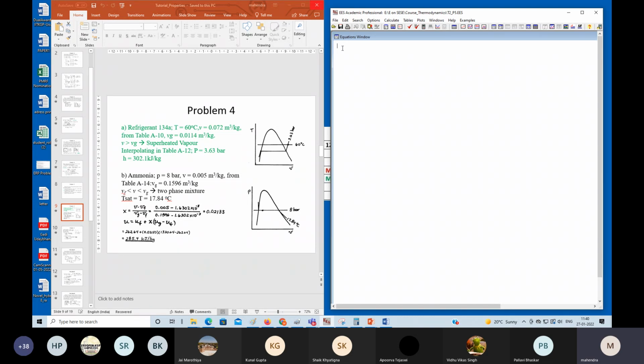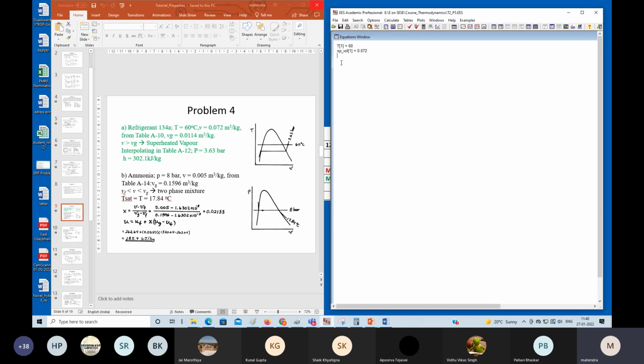First, let us enter the given data. T1 equal to 60 degrees, and then specific volume v1 equal to 0.072. Okay, and then at this location we are calculating specific volume.